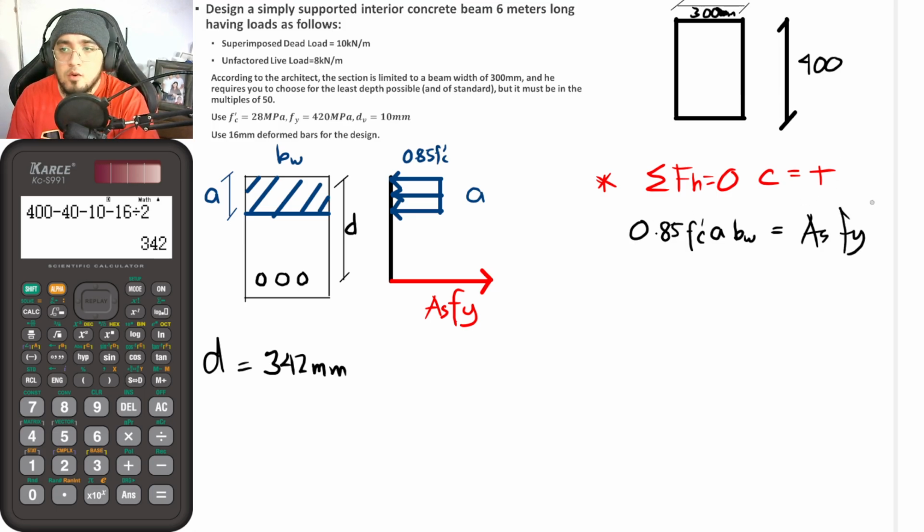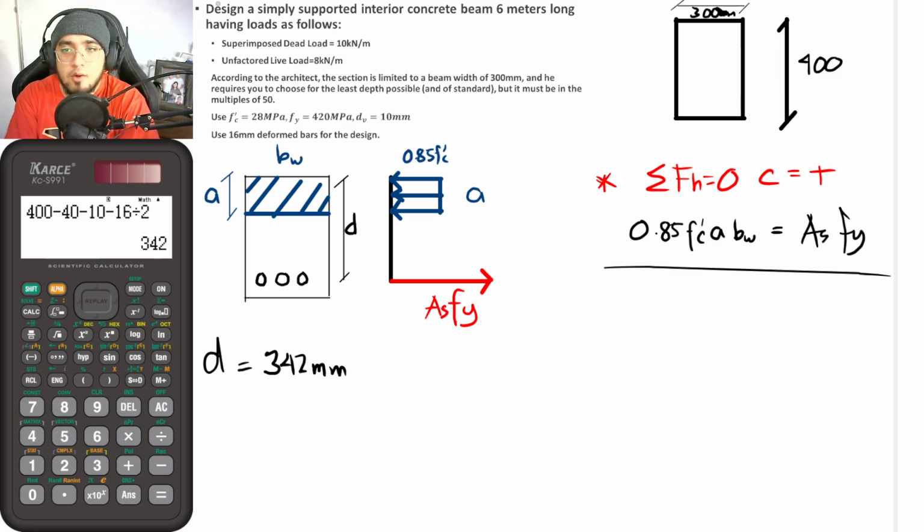However, if you look at this equation, we already know the value of F prime C, B sub W, and Fy. However, we do not know the value of A, and we still do not know the value of As since we are designing. So we cannot make use of this equation right away. Instead, we must use another equation.